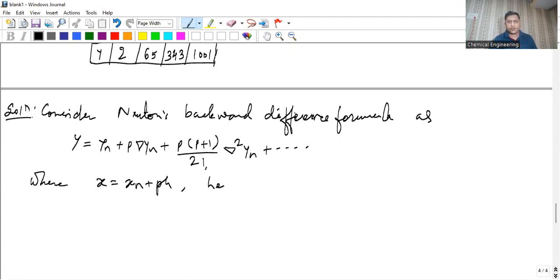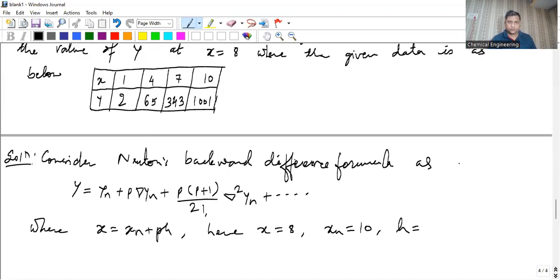Okay. So here we have x is equal to 8, xn is equal to 10, h is equal to, what is the value of h here? Can you identify? Three. h is going to be 3, right? Okay, so here h is going to be 3.